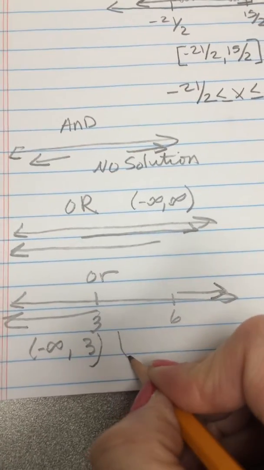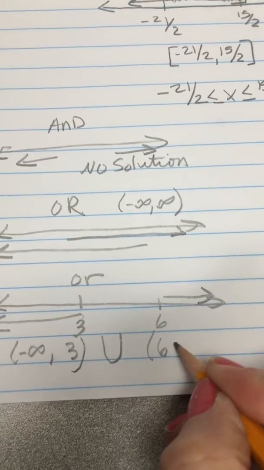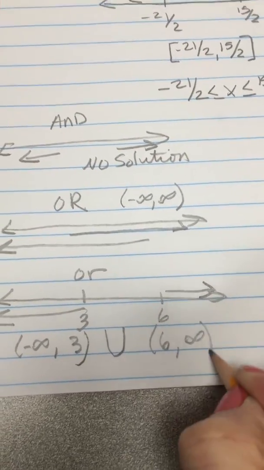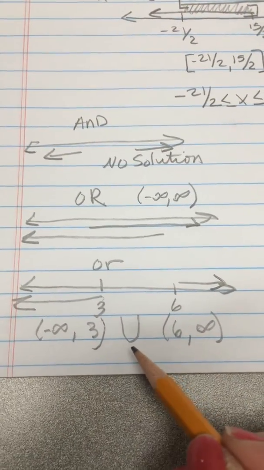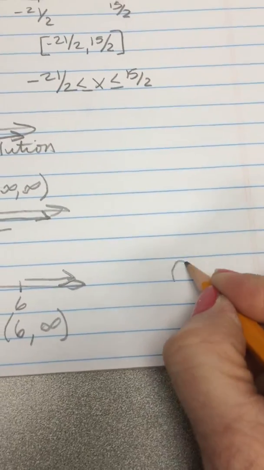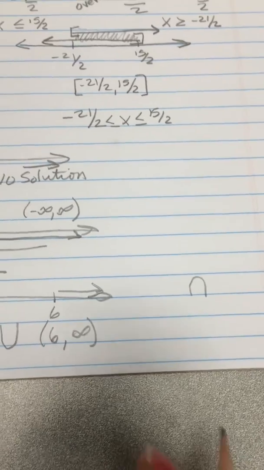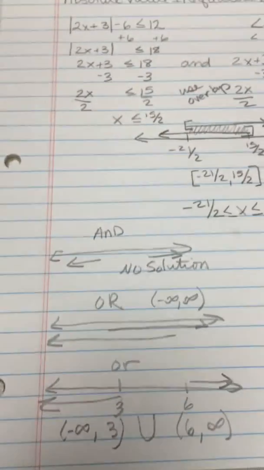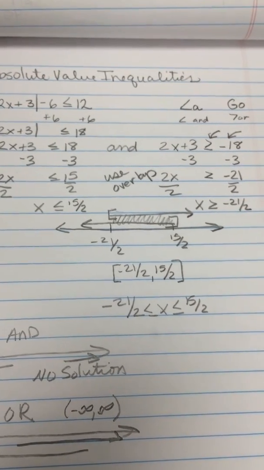And then this is the "or" symbol, the union symbol, or it could be from 6 to positive infinity. So this is what it would look like if it were an "or" statement. And just this would be for an "and" statement if you needed it. So those are just some tips on this section with the absolute value inequalities, and that's it.